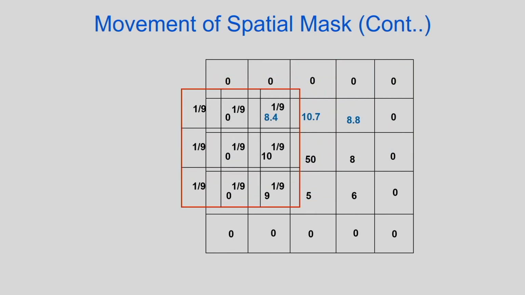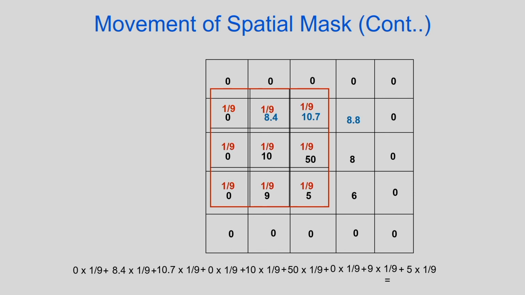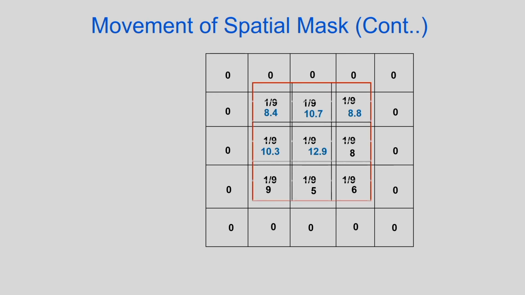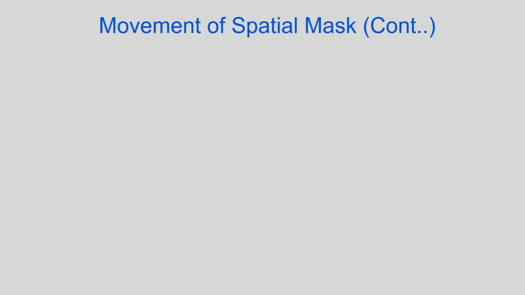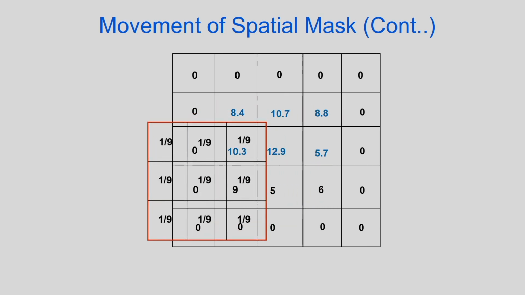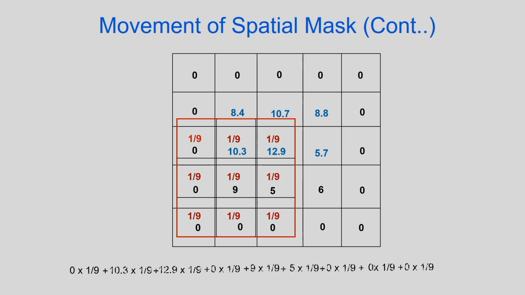And again you can see I am moving the mask to the next pixel and I am determining the response of the mask. And like this, for all the pixels of the image, I have to do this operation. So, in this demonstration, you can see how to do the spatial filtering, and in this example, I am only considering the low pass filter.